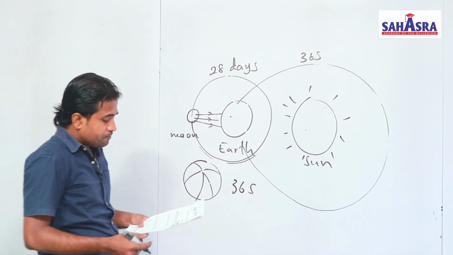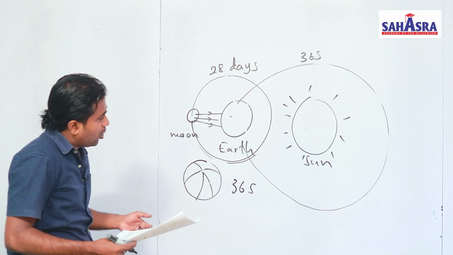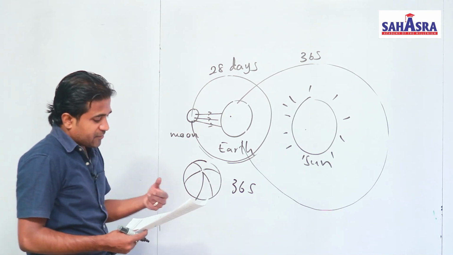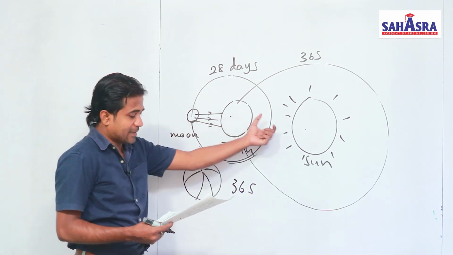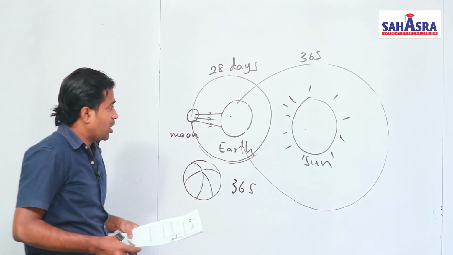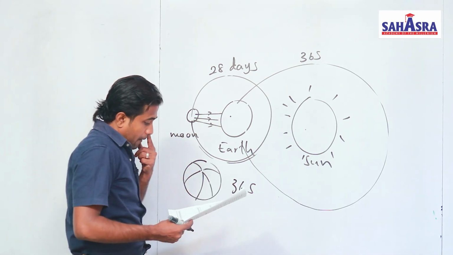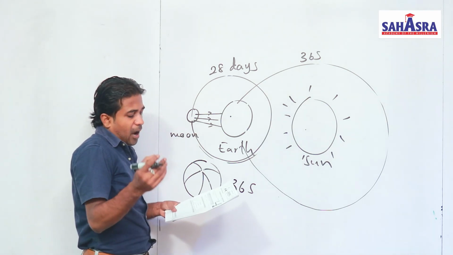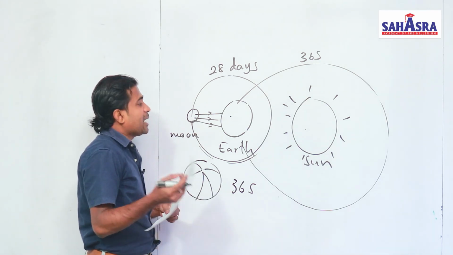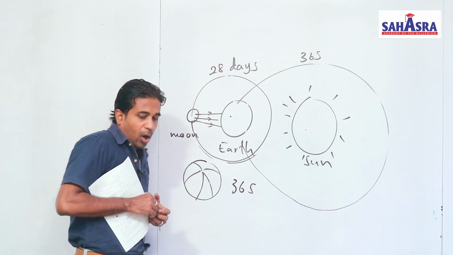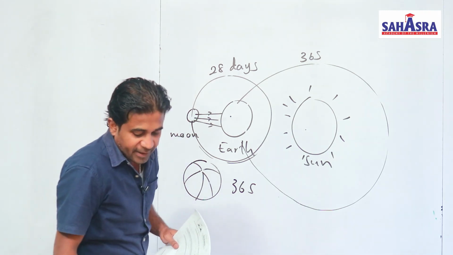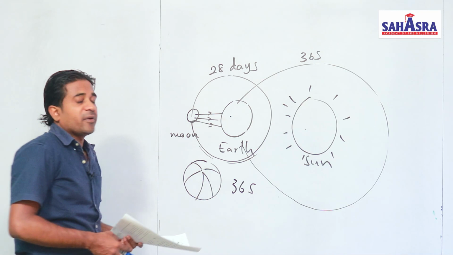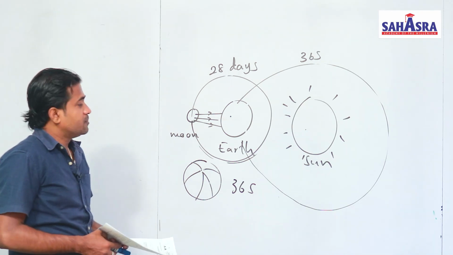Okay, part C is also related to these facts about the moon, earth and the sun. Here all of you observe. On the diagram, shade the part of the earth where it is night. I think all of you may have an idea about how we get day and night.